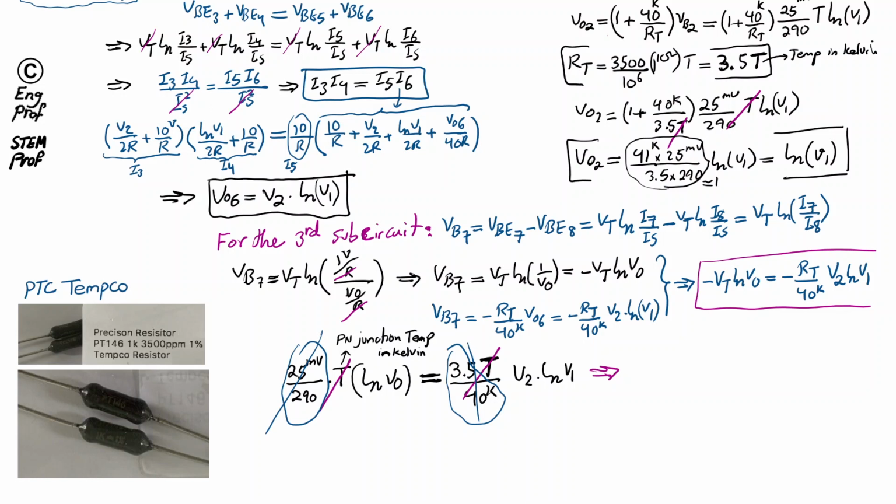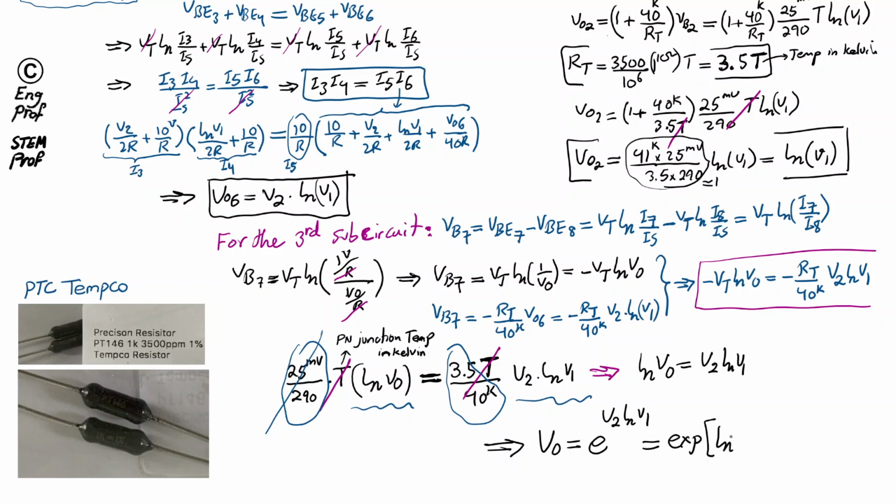And as a result, what I get is just the beautiful outcome. Natural log of V out is V2 ln V1. So I get ln V out equal to V2 ln V1, which means V out is e to the power, or exp, or antilog of V2 ln V1, which is the same thing as exp of ln V1 to the power V2, since V2 from behind ln goes and becomes the power of V1.